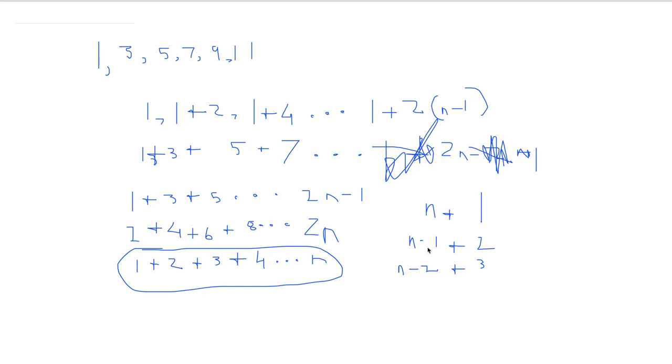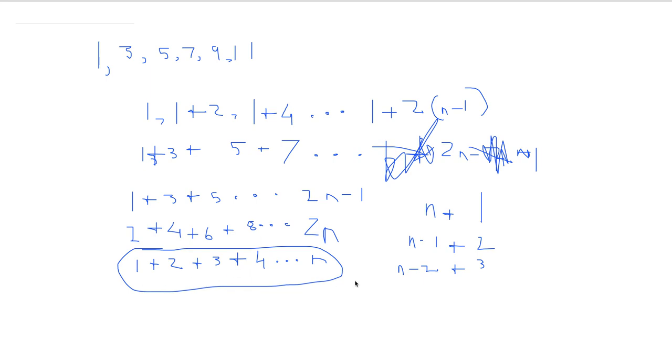n plus 1, n minus 1 plus 2 is n plus 1, n minus 2 plus 3 is n plus 1. This happens so on. So there are many pairs adding up to n plus 1, as you can see. To make a formula to find the sum, we need to find how many pairs there are. That's fairly simple. There are n terms and the number of pairs would be n by 2.